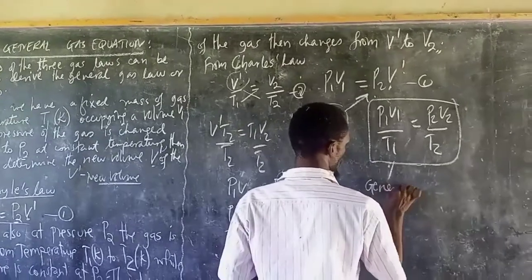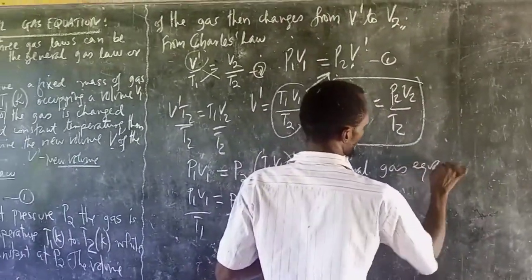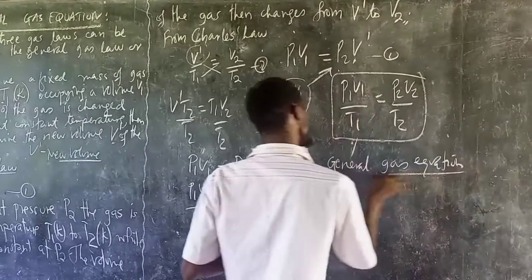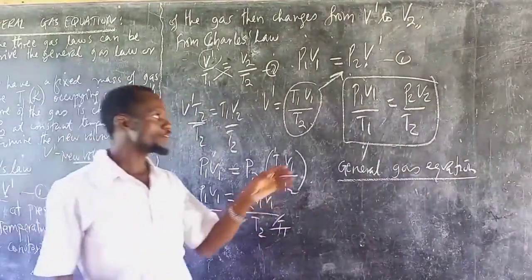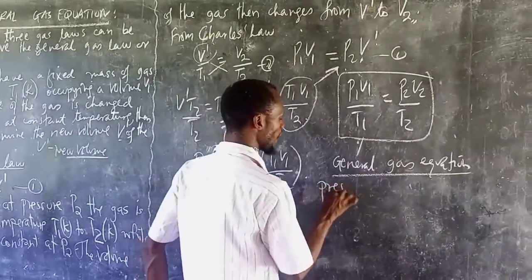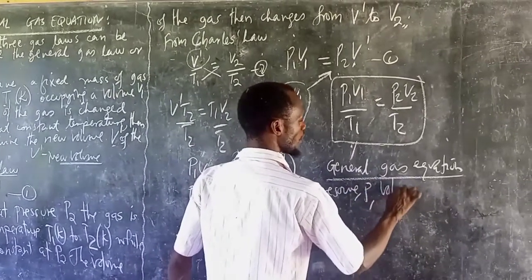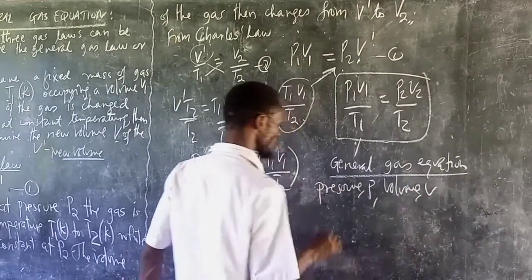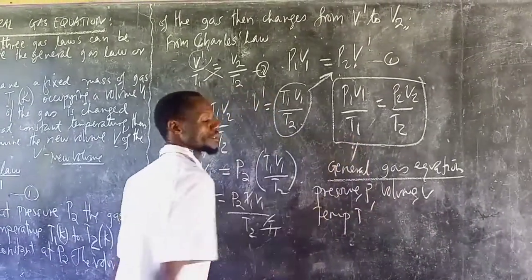General gas equation. This means what? If you find the question involves all the three factors that we have discussed, involves the pressure, that is P, also involves the volume, that is V, and also involves the temperature, that is T, use this equation.